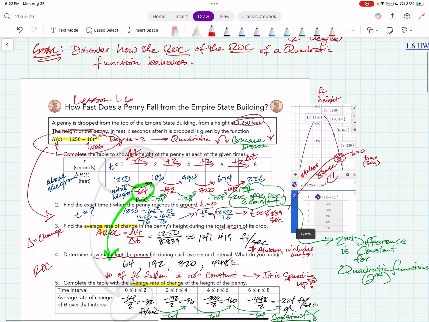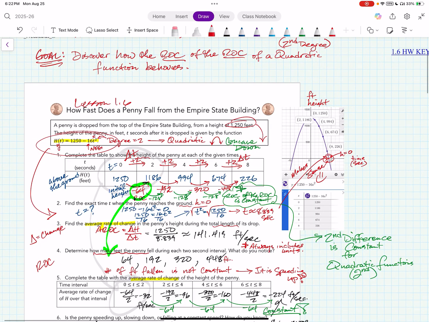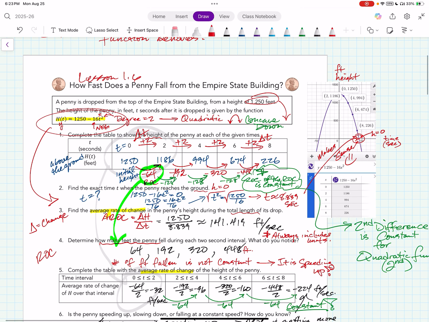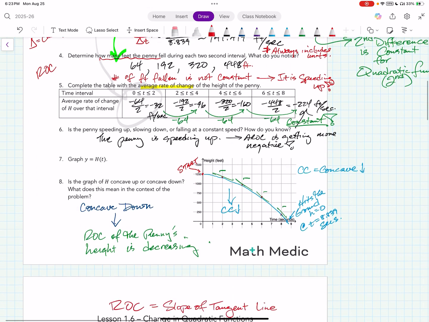Pretty cool. And if you're taking physics right now, this should look familiar because they talk about the distance functions, the height functions over time in physics, and you learn how objects fall and what the gravity is and so on.